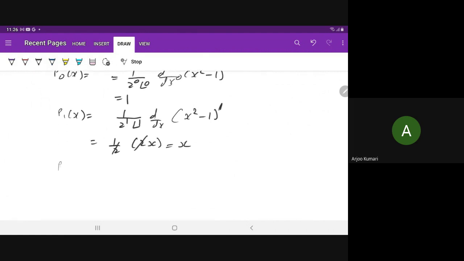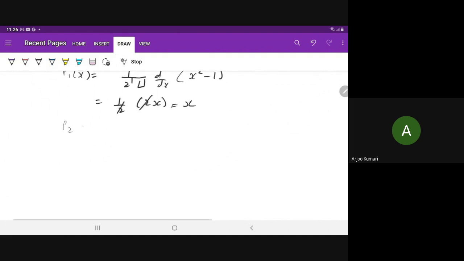Similarly, if you have to compute P_2(x), it is 1 upon 2^2 2! d^2/dx^2 of (x^2 - 1)^2.